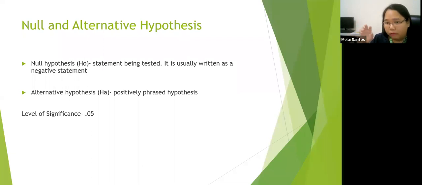If the p-value that we see is lower than 0.05, we will reject the hypothesis, meaning that there is a significant difference. But if the value is higher than 0.05, we will accept the null hypothesis that really there is no significant difference. Okay?